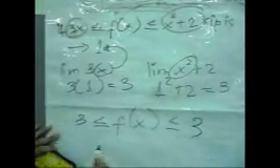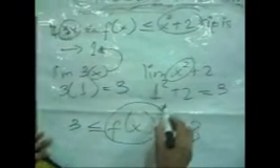Now we know that f of x is equal to 3. We can write that 3 equals 3 equals 3, so if x goes to 1, it will be equal. That's a simple example of the squeeze theorem. Thank you.